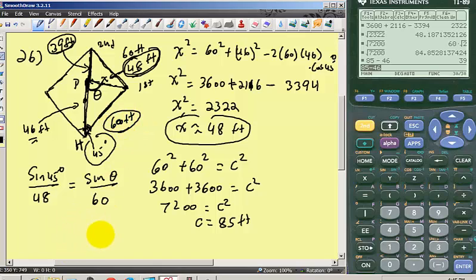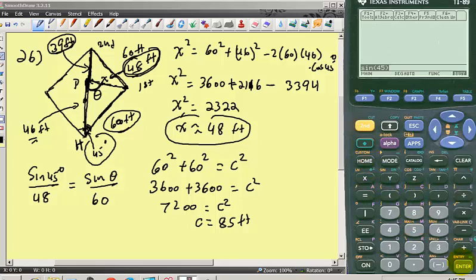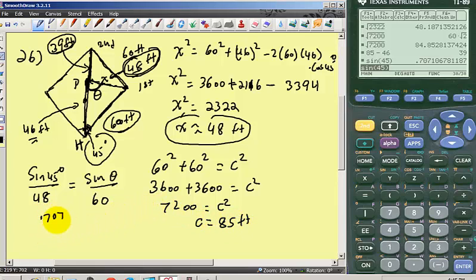Sine of 45 degrees. So we can go to our calculator. Sine of 45 degrees, we need the decimal representation of that, is 0.707. So we're going to have 0.707 over 48. Of course, when I multiply both sides by 60, I'm going to get sine of theta.